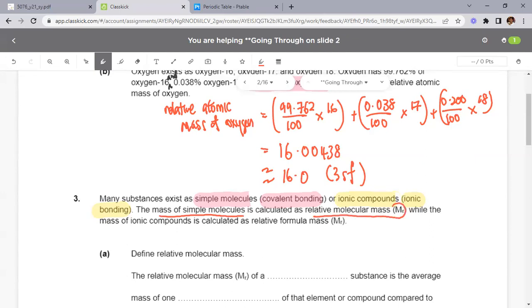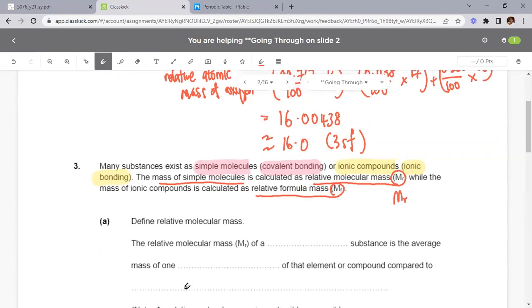We call it Mr. For ionic compounds, to find the mass, we calculate what we call the relative formula mass, but the symbol is still also Mr. So instead of writing relative molecular mass or relative formula mass, generally you can just write Mr, to keep it simple.